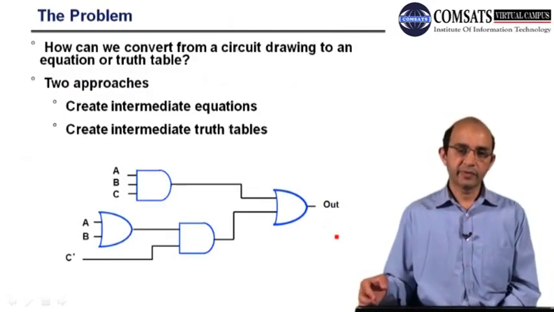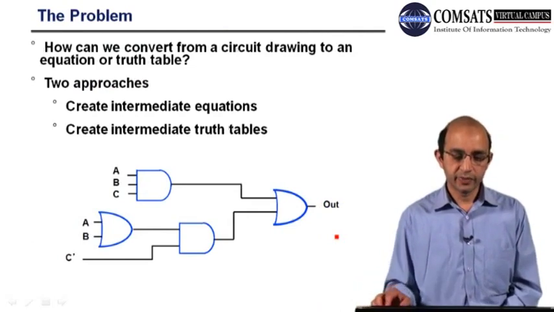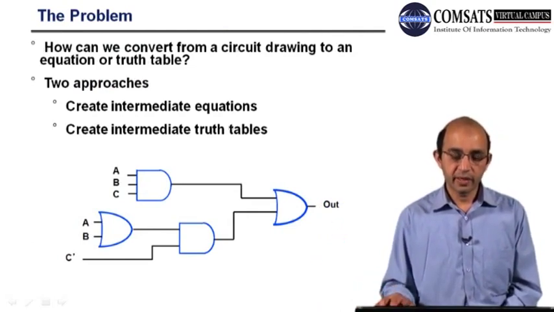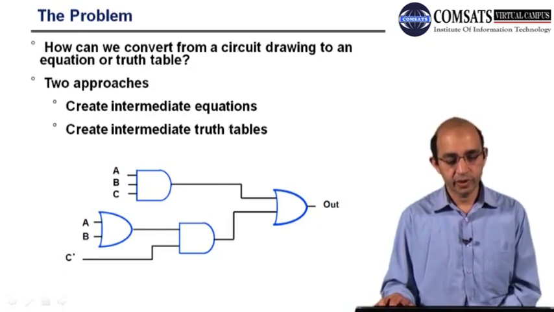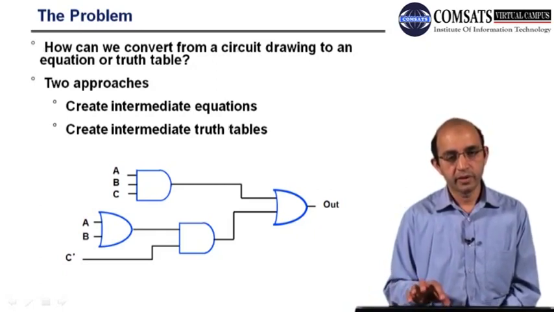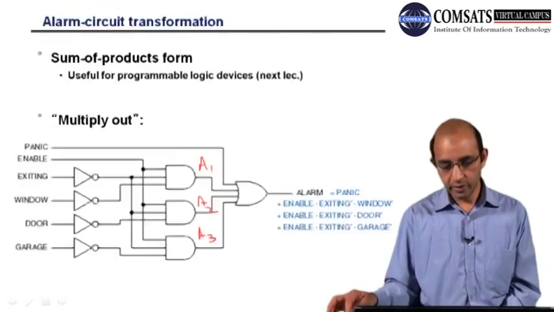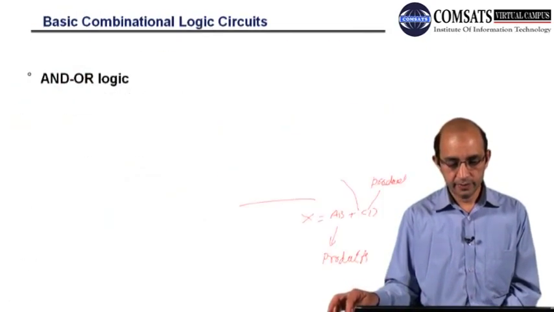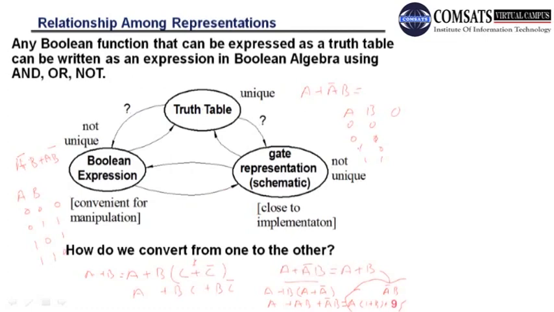So let's have a problem. How can we convert from a circuit drawing to an equation or a truth table? As we talk about that, if we go back, here you can see that we have different circles, and then you can see the arrows.